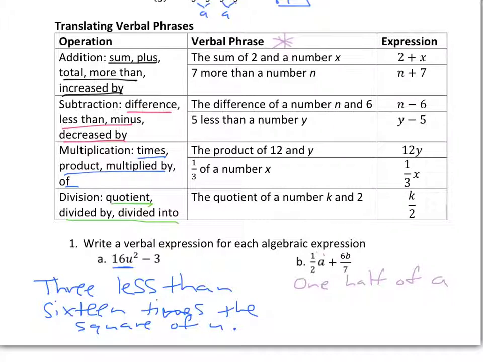We could just do increased by 6 times b divided by 7. Okay, so 1/2 of a increased by 6 times b divided by 7, and that's the same as our algebraic expression right here. Okay, let's go to a couple more examples.